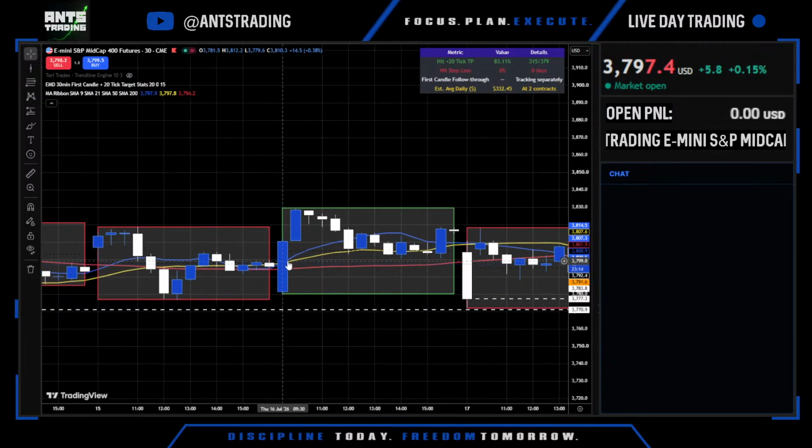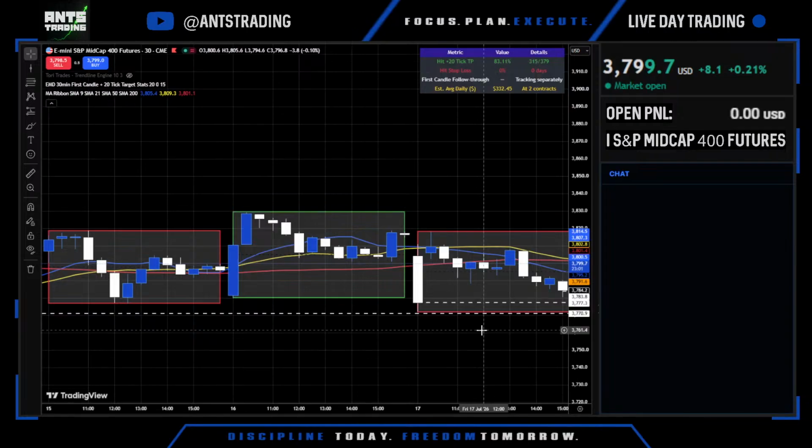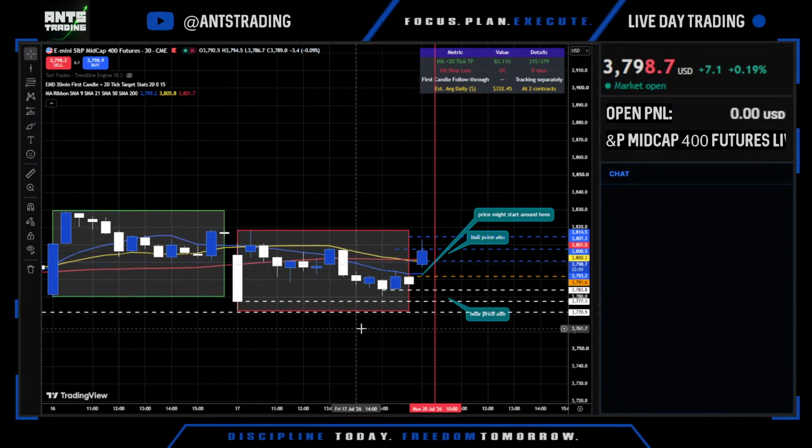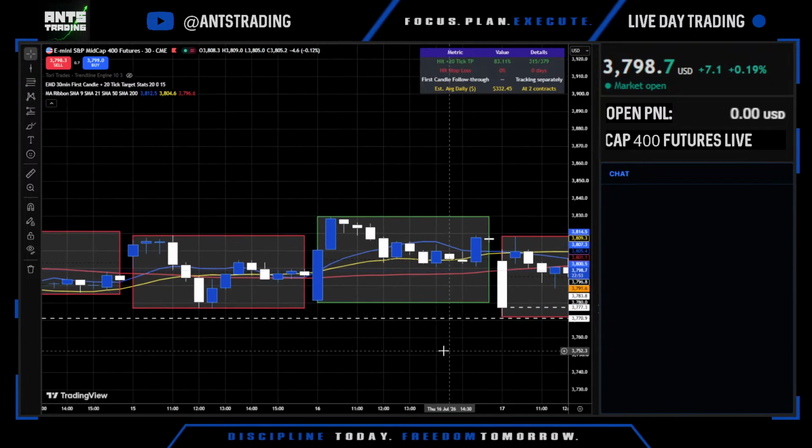Because I still do my first 30-minute close, which will help me determine the movement a little bit. It's still another indicator for me, like reassurance, I guess, that it will go in my favor.